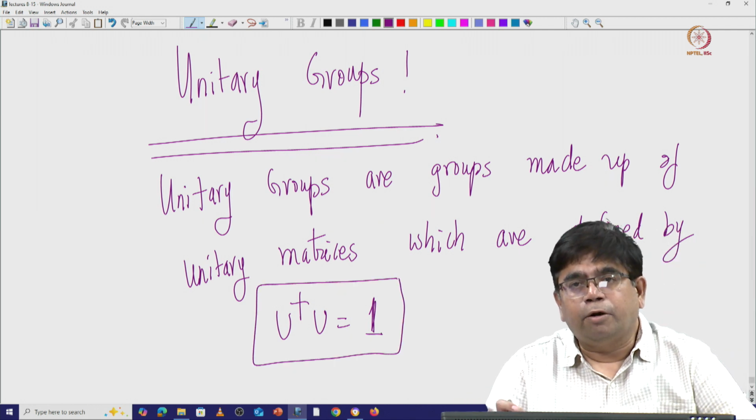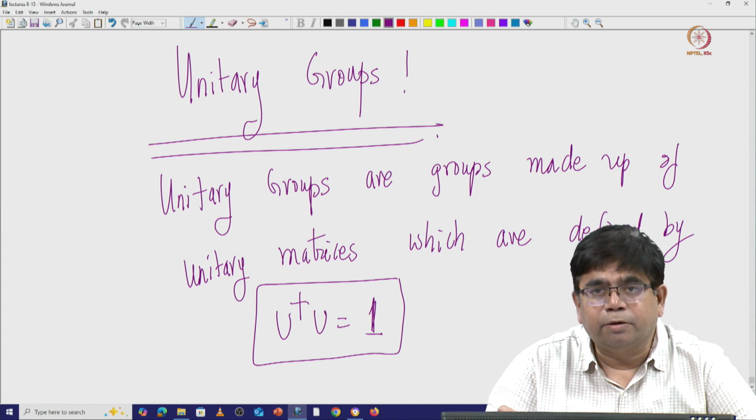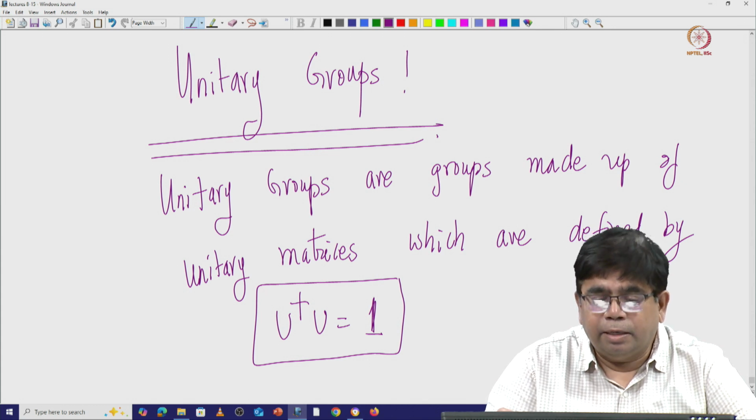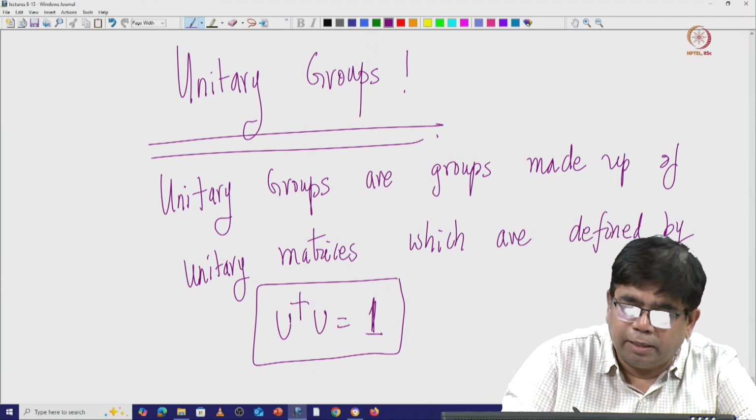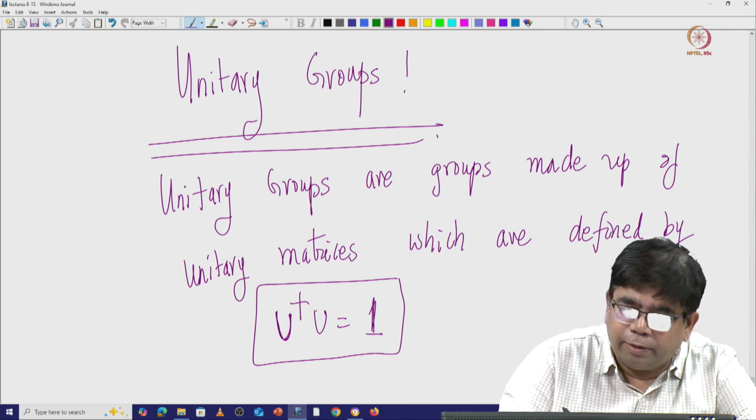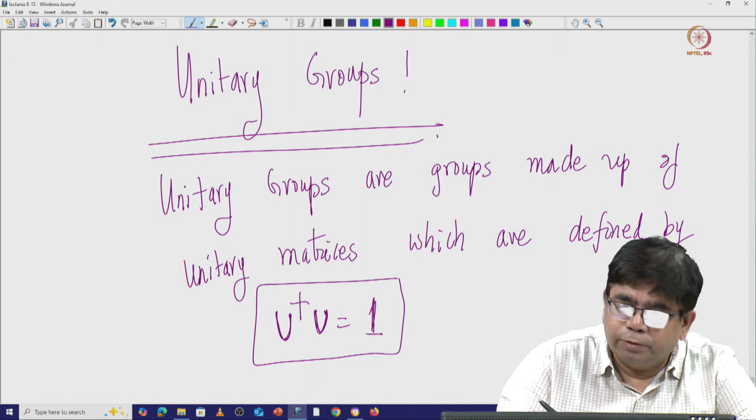So these are in complex vector spaces essentially. These are complex matrices, with the definition that U dagger U is equivalent to 1.